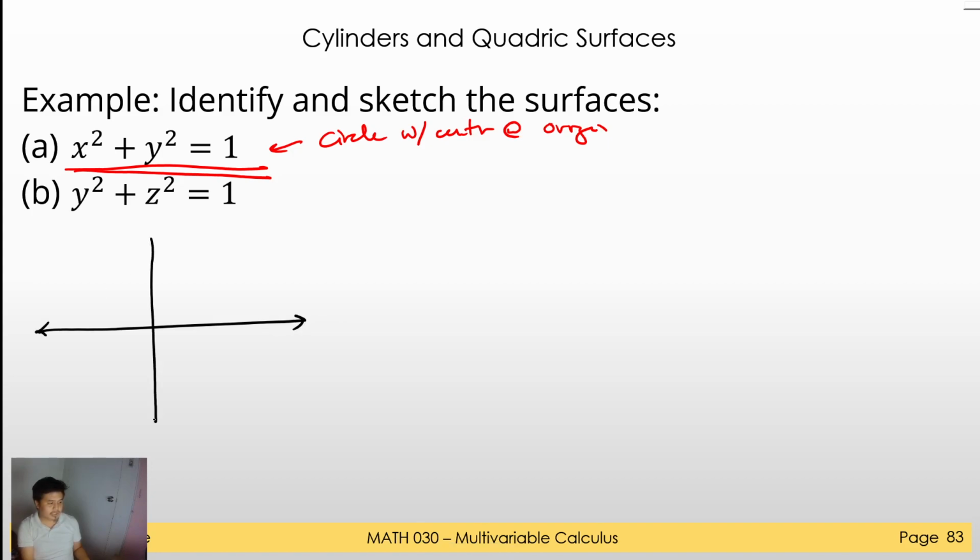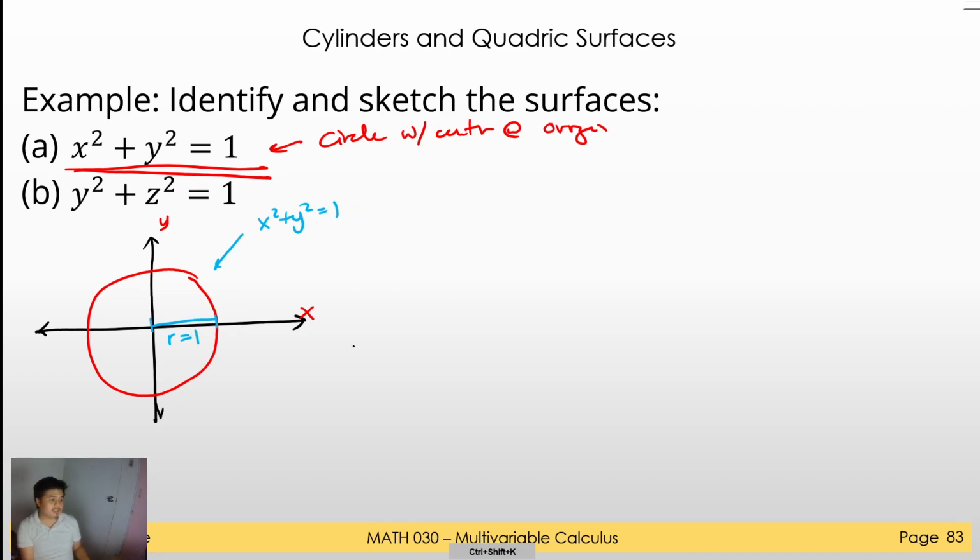Let's say this is your x and y axes. This will be the graph for x squared plus y squared equals 1. The radius r is equal to 1, since the square root of 1 is 1.